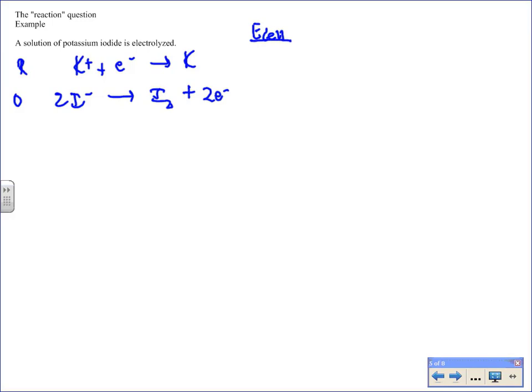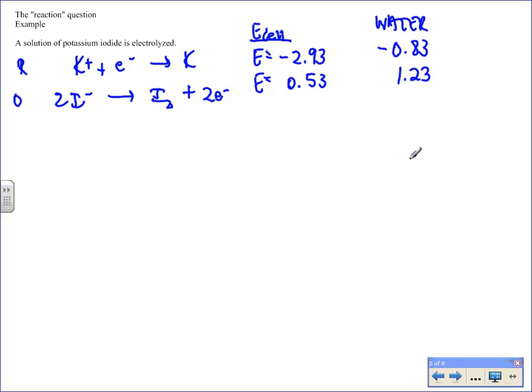The reduction potential for potassium is negative 2.93, and the reduction potential for iodine is positive 0.53. Compared to water, for water the reduction is negative 0.83, and for water the oxidation is 1.23.